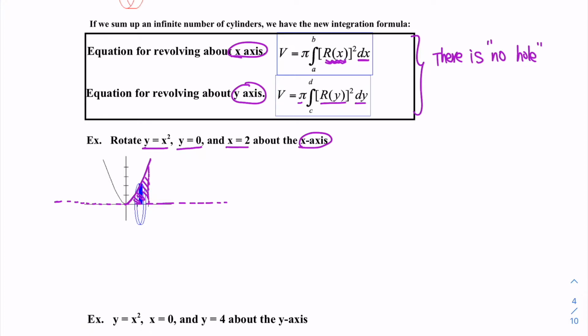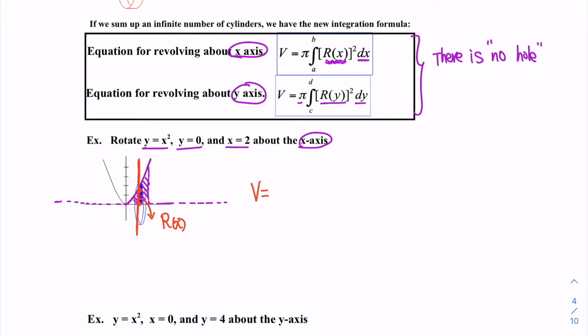When we revolve this part about the x-axis, there will be no hole for this solid. We draw a line perpendicular to the x-axis. So this is our r of x.